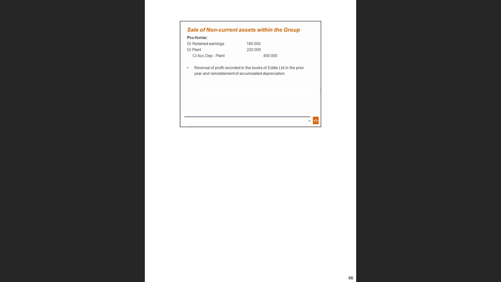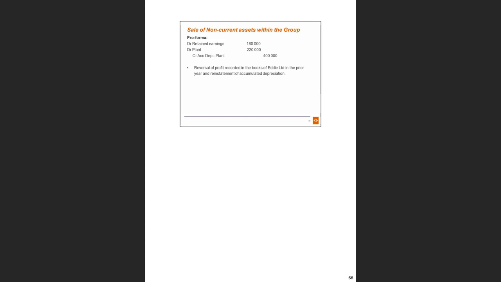So previously, in that previous example, we debited profit on sale of asset being 180,000 Rand. But here, because we are now not in that current period, instead of debiting profit on sale, we are debiting retained earnings being 180,000 Rand. So the numbers are the same.